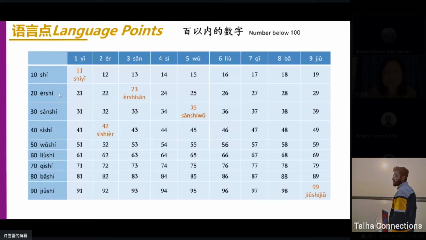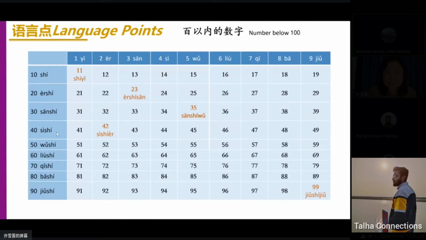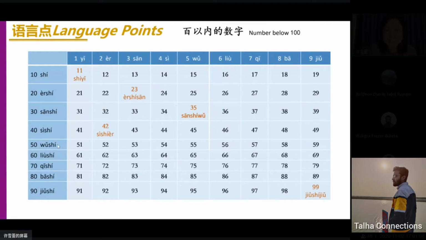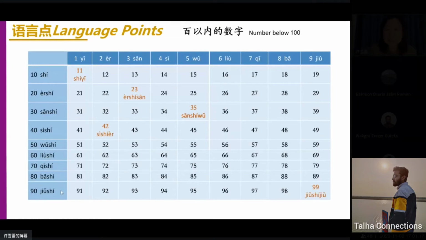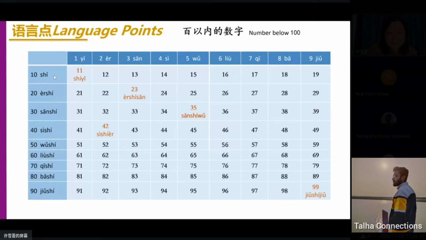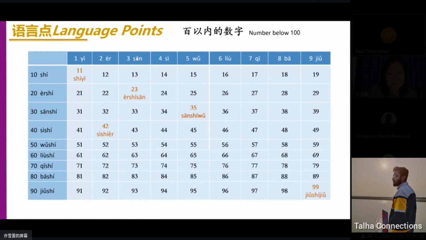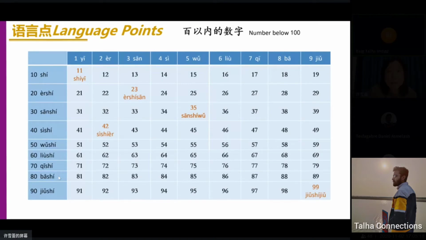10, 20, 30, 40, 50, 60, 70, 80, 90. Again, 10, 20, 30, 40, 50, 60, 70, 80, 90.